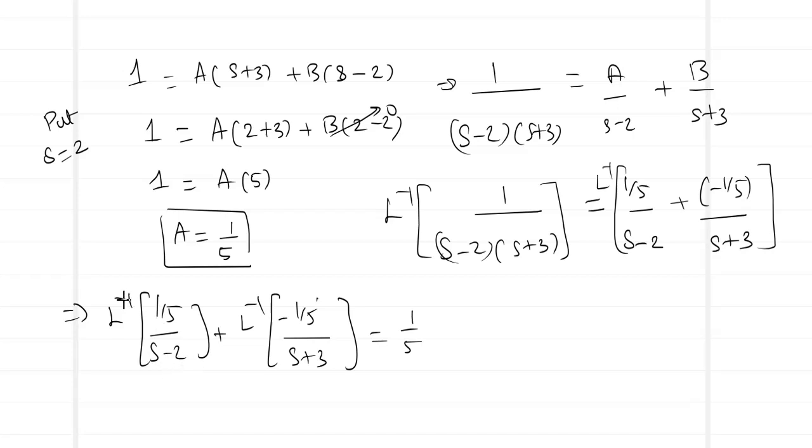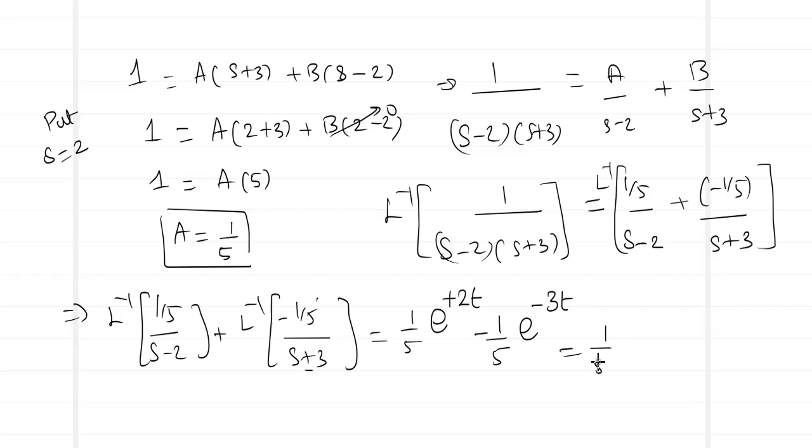1 by s minus 2's Laplace inverse is e to the power of, since it is minus, it is plus 2t. Minus 1 by 5 comes outside, leaving you with 1 by s plus 3. Since it is plus over here, e comes outside as minus 3t.